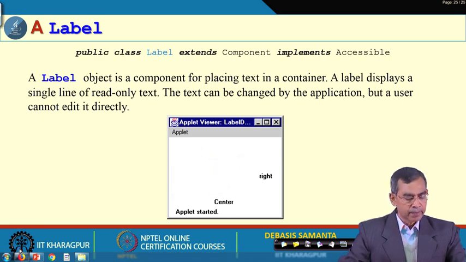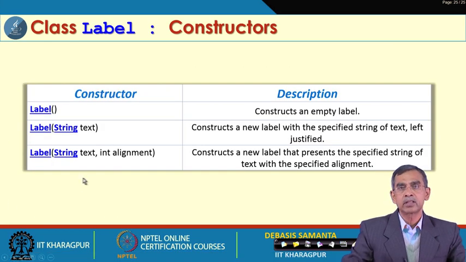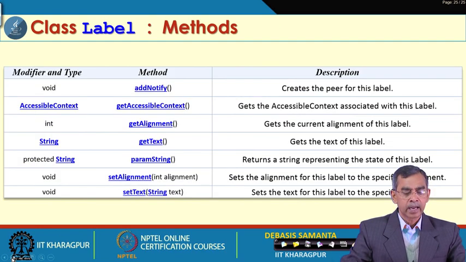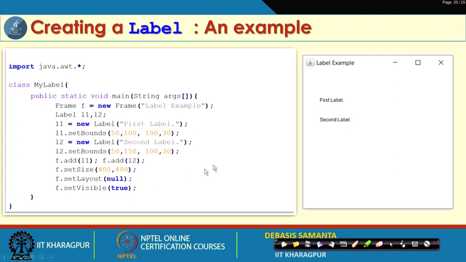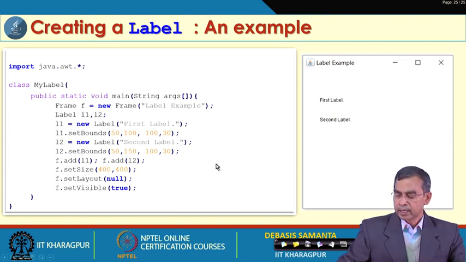So, now let us see how the label can be created. There are 3 constructors in the Label class, and a few methods are also there, and this is an example by which the label can be created.